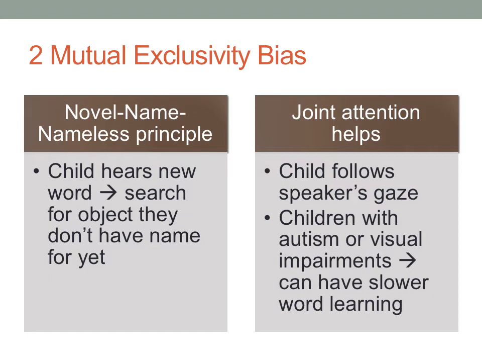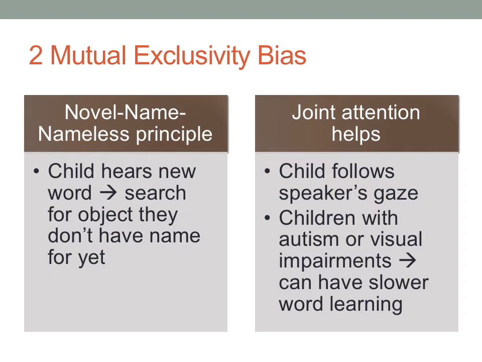That must be the object that mom is referring to, because she's not saying car or truck, and I already know those words. So this is the novel name nameless principle. The word they hear is novel, they hear a name, and they look for the object or the action even that is nameless, that they don't have a word for.